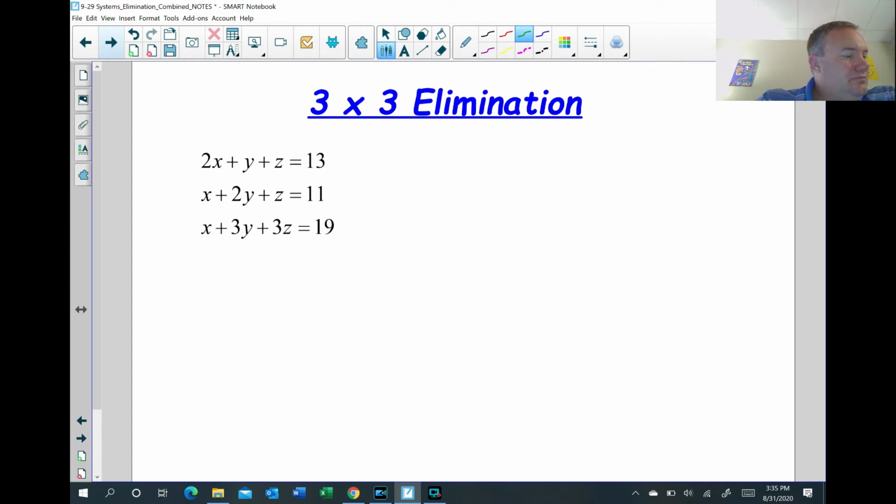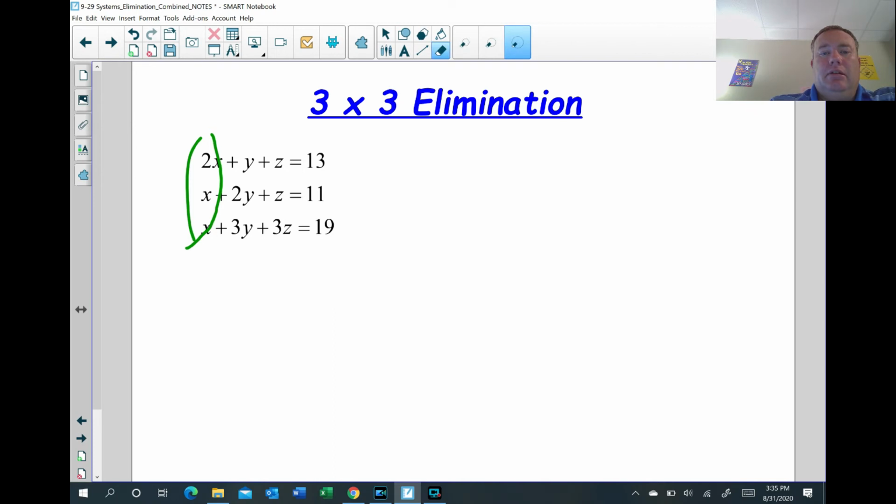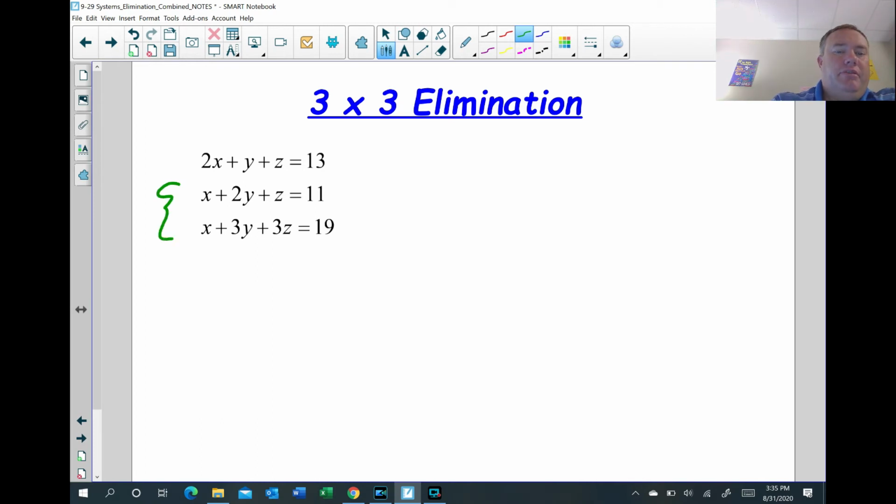Now, for this problem, what I'm going to try to do is eliminate x, okay? I'm eliminating x. So when I write my 2 new equations, they're going to have a y and a z in it, okay? Now, how you do this, there's a lot of different ways. What I did is I started off to begin with the first 2 equations.